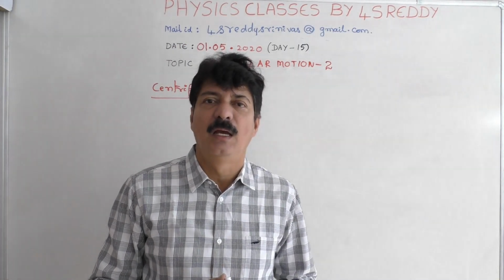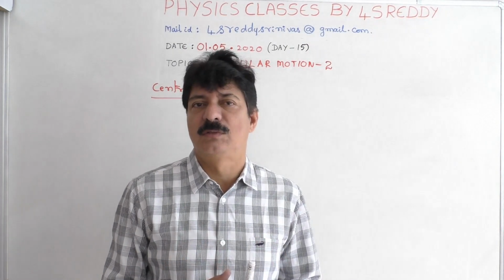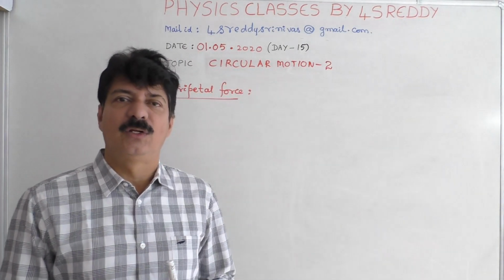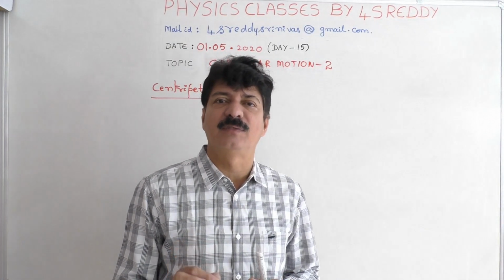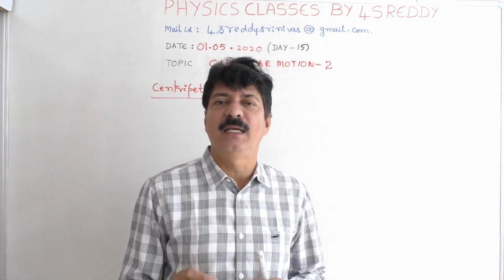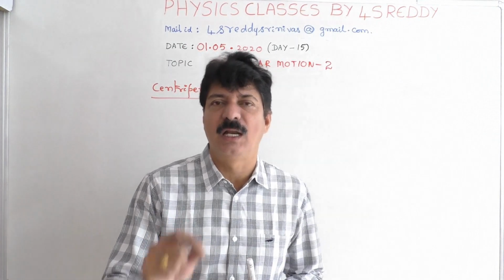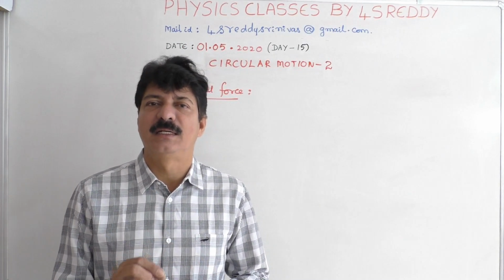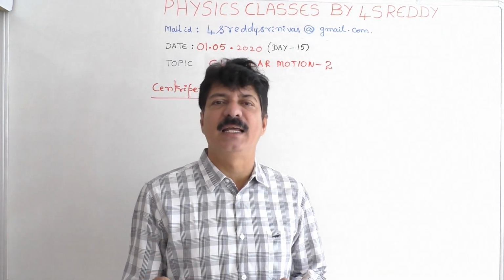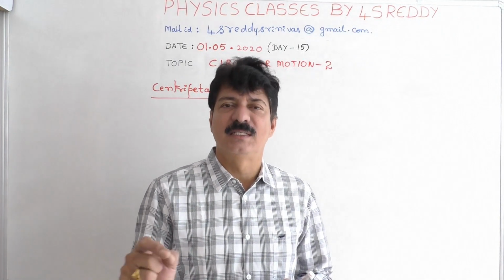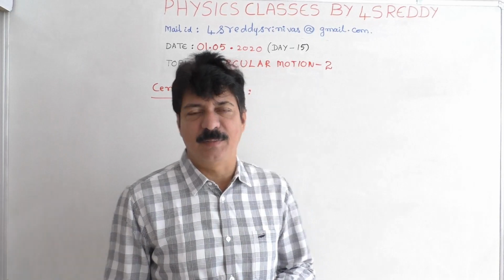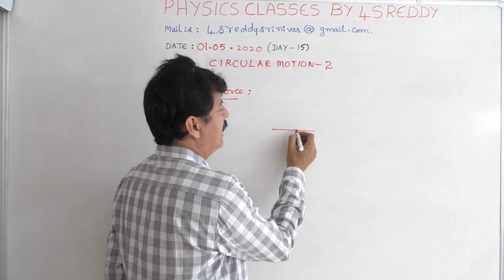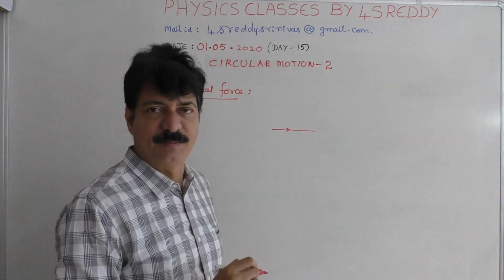That means a constant force which always acts at right angles to the direction of the motion of the body, causing it to move in a circular path, is called centripetal force. It is always directed towards the center of the circle. In general, suppose a particle is moving in a straight line.